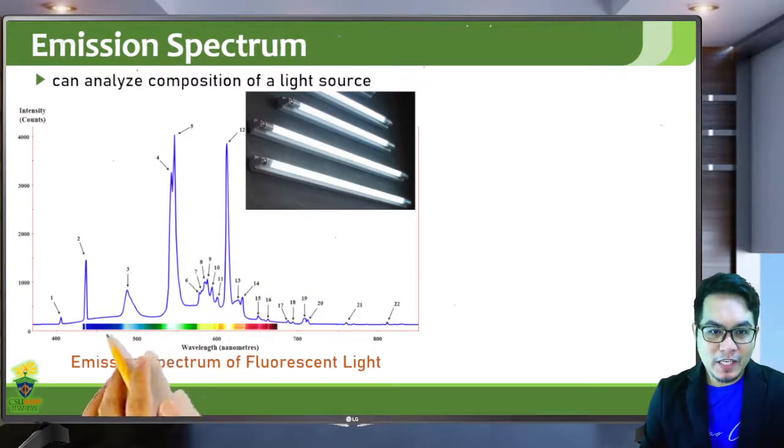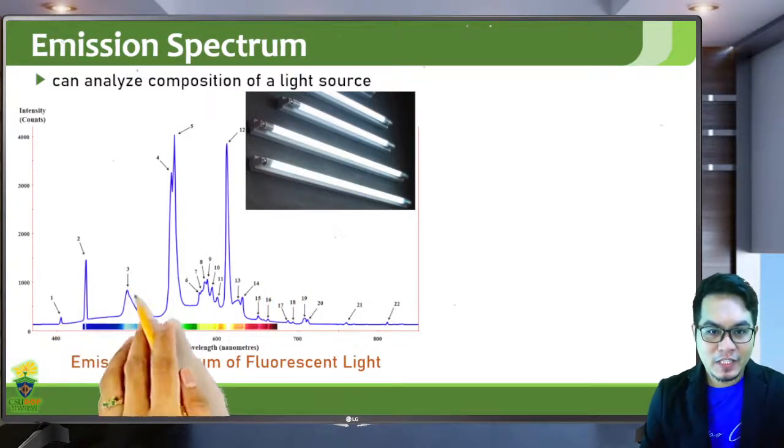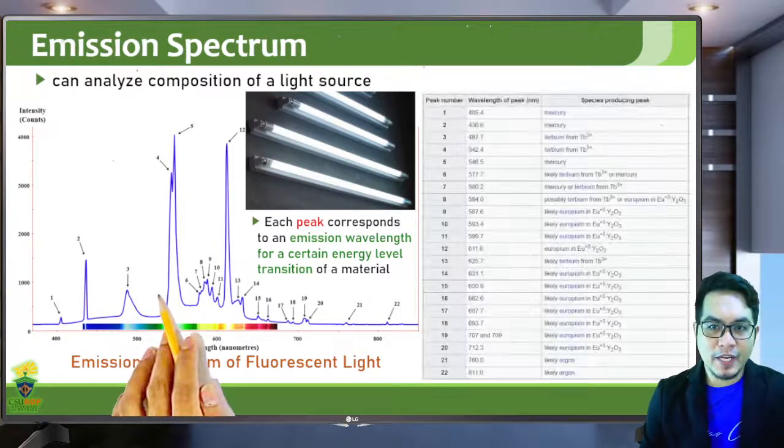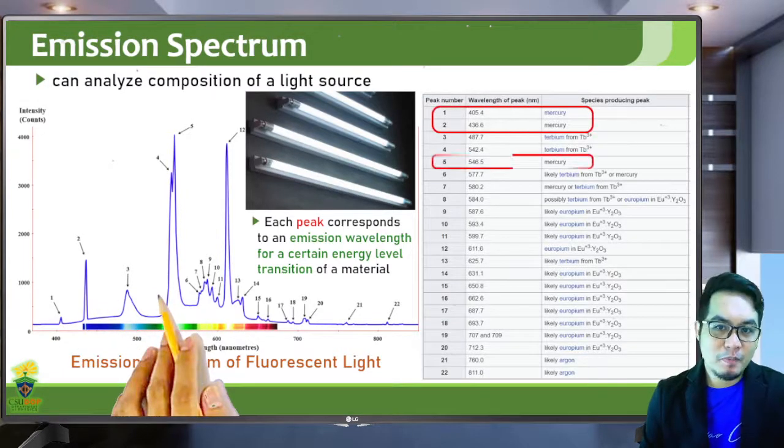You will notice that there are peaks here, and each of these peaks corresponds to a specific emission wavelength, or to a certain energy level transition within the material, as we have discussed earlier. For example, the first, second, and third peaks correspond to mercury.